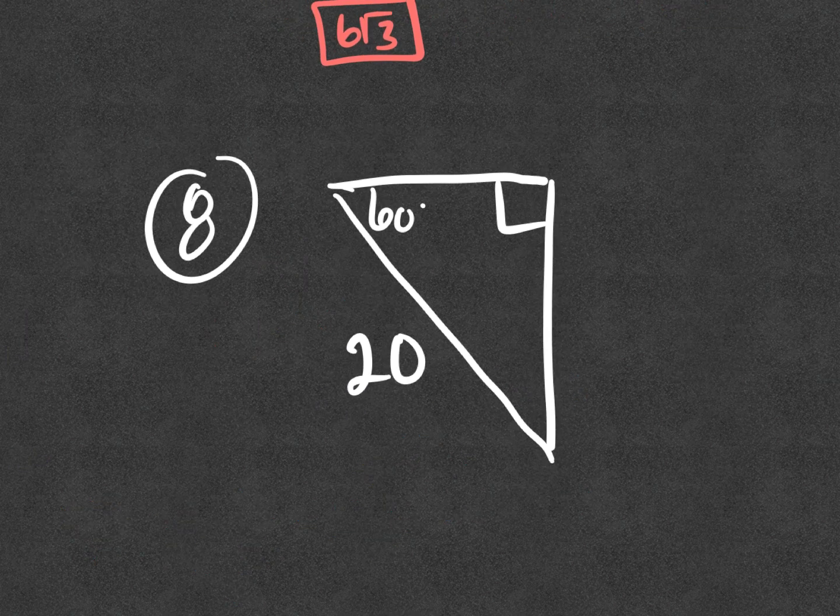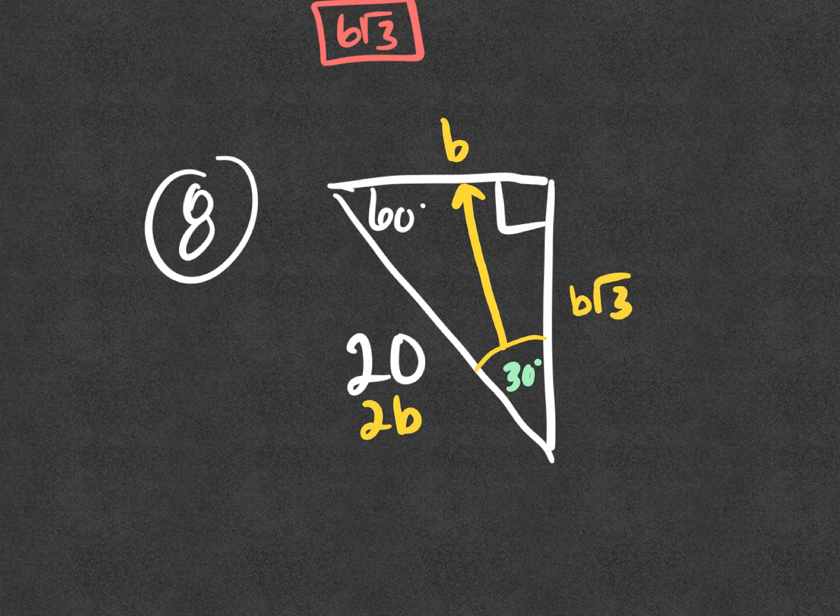Okay, here we have a 30, 60, 90. So again, I always like to put the missing angle in. Okay, so I start my pattern from the 30 to the short leg. So that's b, b root 3, and 2b. Circle my given. So 2b is equal to 20.